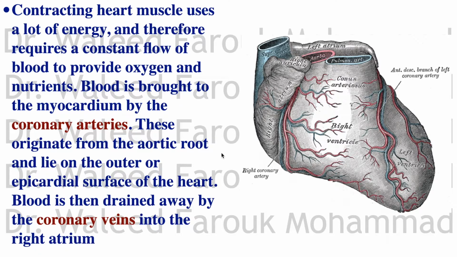They arise from the ascending aorta and supply the heart, and the venous drainage at the same time is drained by a system of veins that drain into the coronary sinus that drains into the atrium. So it gets its blood from the coronary arteries and drains its blood to the coronary veins.